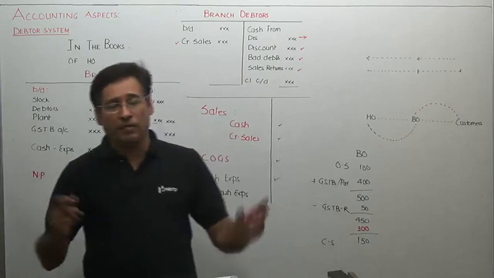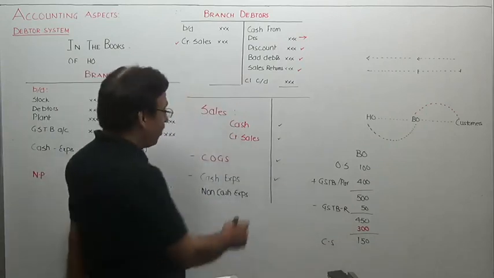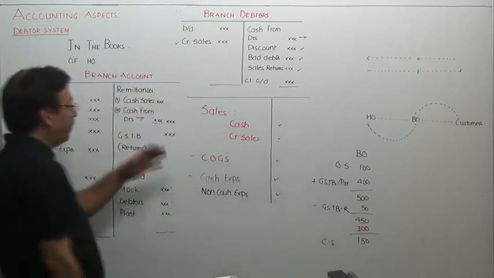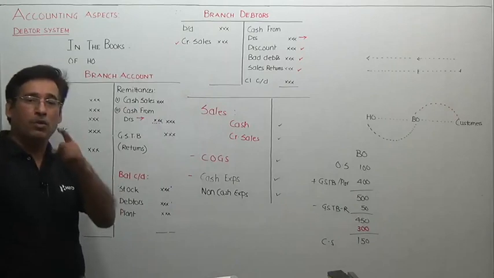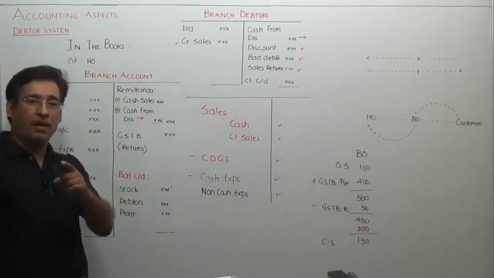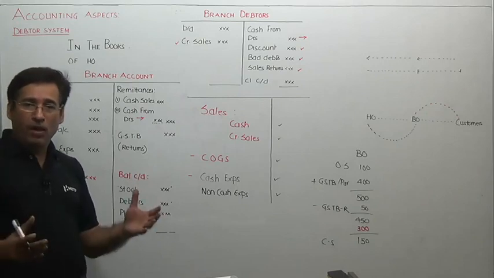No doubt about that. So, if tomorrow somebody asks you how this particular account is showing you net profit, only you and only you are aware of this particular answer. Is it clear? I hope.